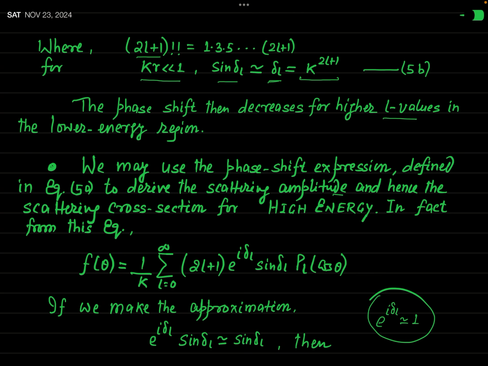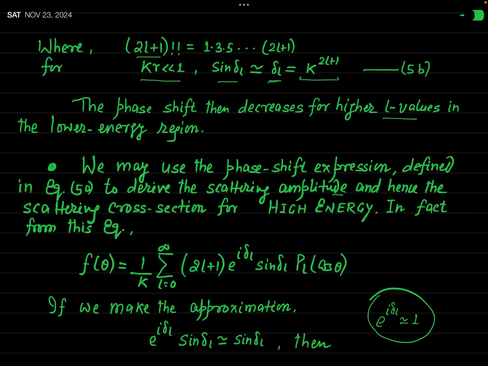In case of high energy scattering, we talk about another method which is called Born approximation, which we will learn in our forthcoming lectures. But here I am trying to find the scattering amplitude and hence the scattering cross section by the method of partial waves, even when the scattering is not low energy but high energy scattering.